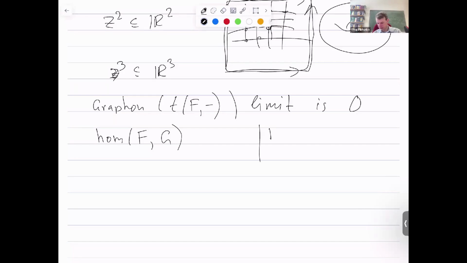So we have this relation that the number of homomorphisms of the union f and h into G is just the product of the number of homomorphisms of f to G times the number of homomorphisms of h to G. So here we can assume that f is connected.